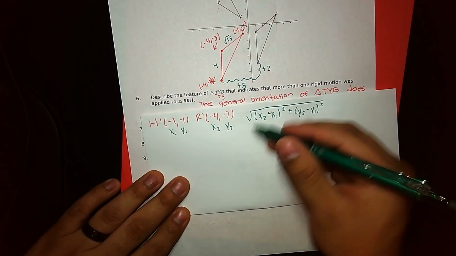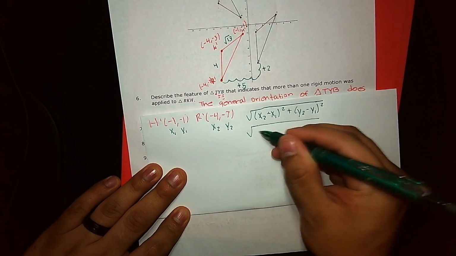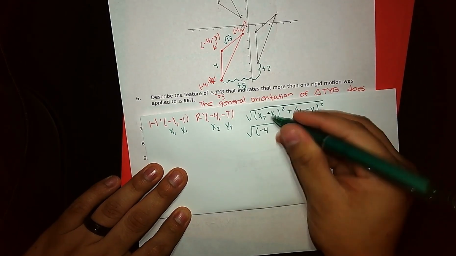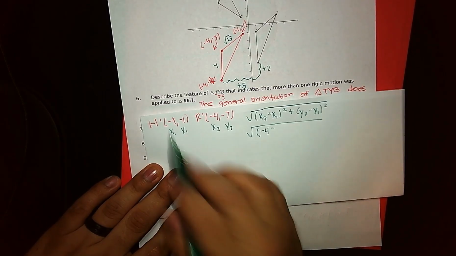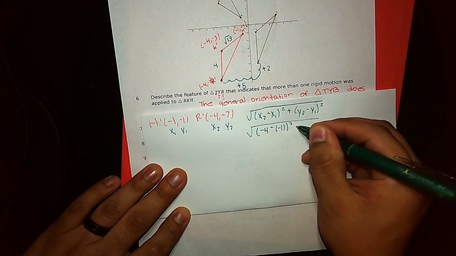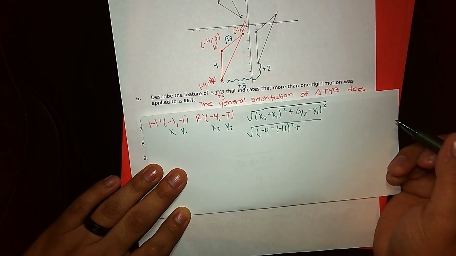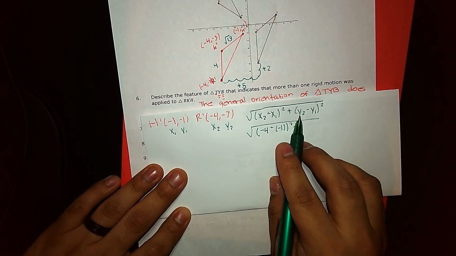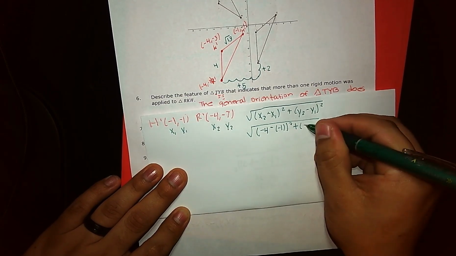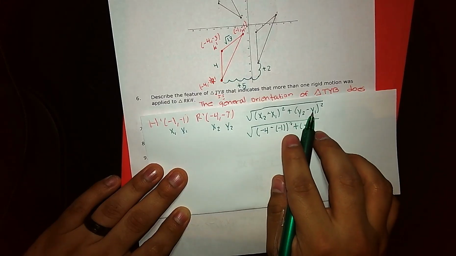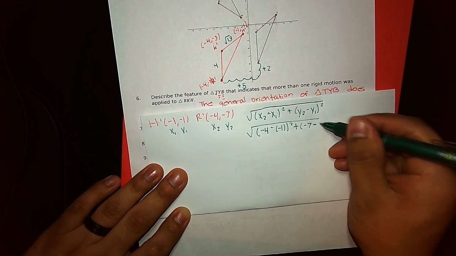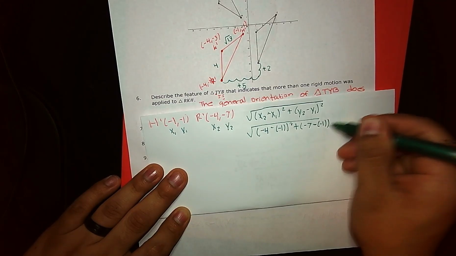All right, so once I plug in, my x2, which is -4, minus x1, which is -1, so minus -1, the whole thing squared, plus y2, which is -7, minus y1, which is -1, minus -1, and the whole thing squared.